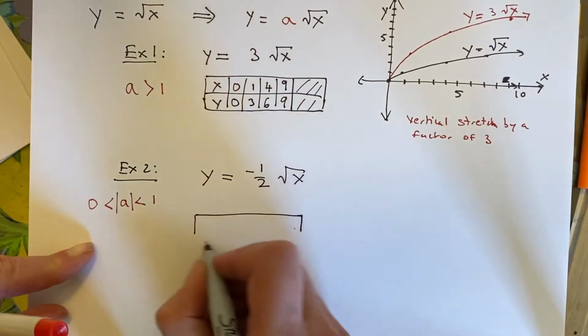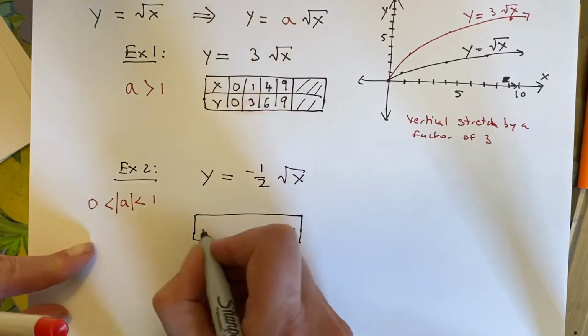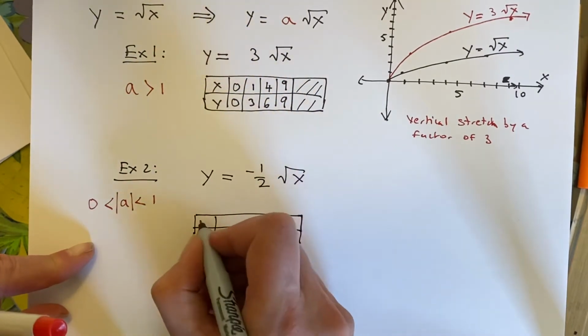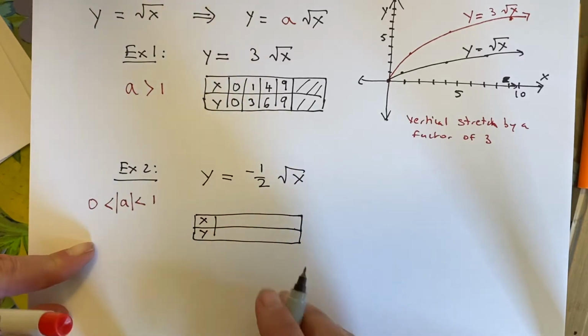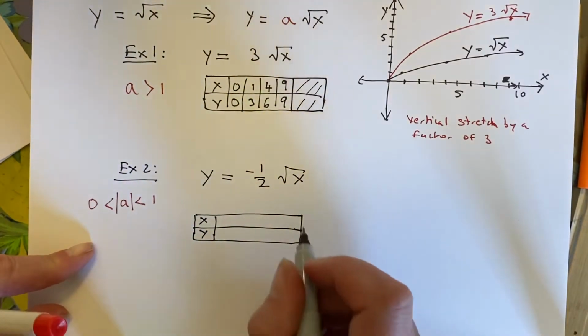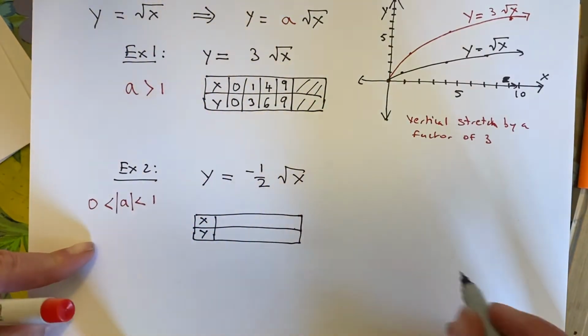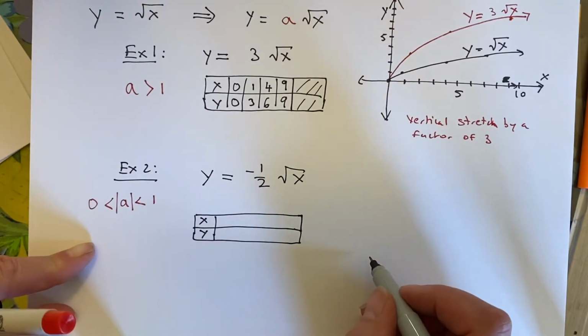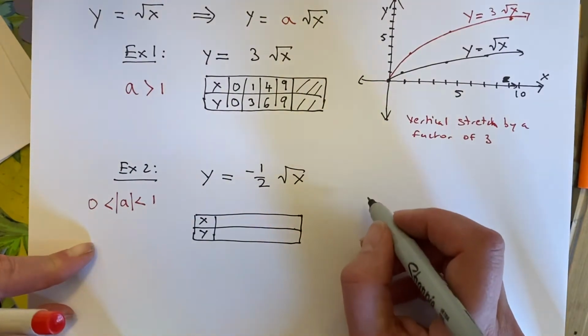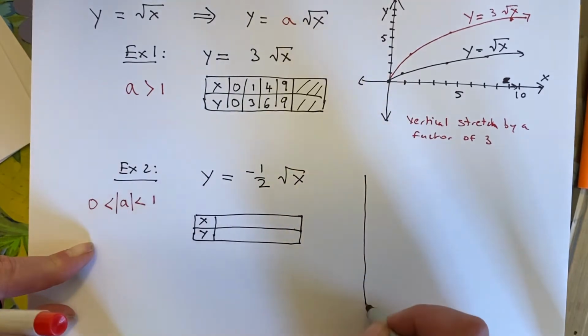Let me draw my table. Okay. And I'm also going to draw my graph over here on the right. And this one is going to have to go a little bit further.